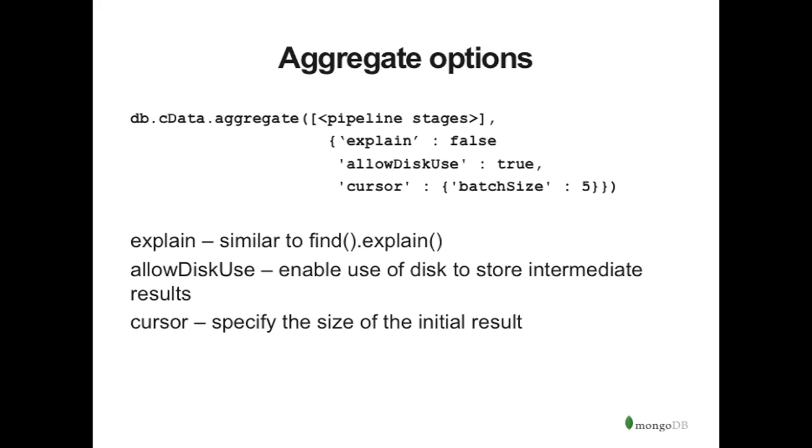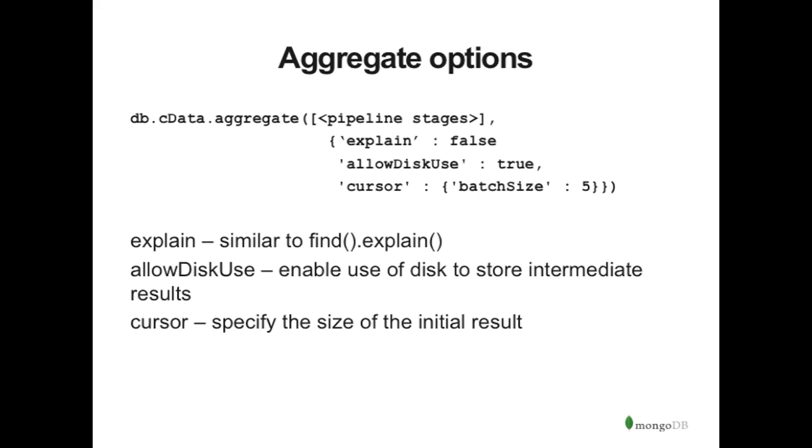When you set allowDiskUse to true, that tells MongoDB that it can use the disk to store the temporary working data, so that it can essentially expand the amount of space that it can use to process the query. So if you ever run into a situation in MongoDB 2.6 where you get an error message during an aggregation that you don't have enough memory, you can turn on allowDiskUse, and that query will continue leveraging the disk for temporary storage.